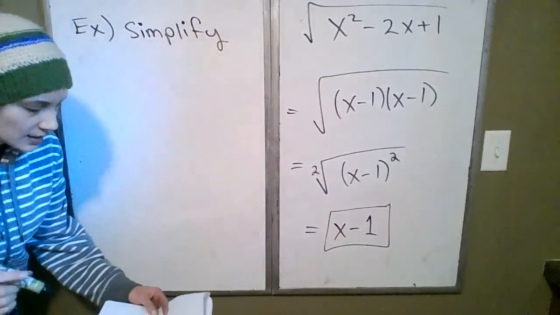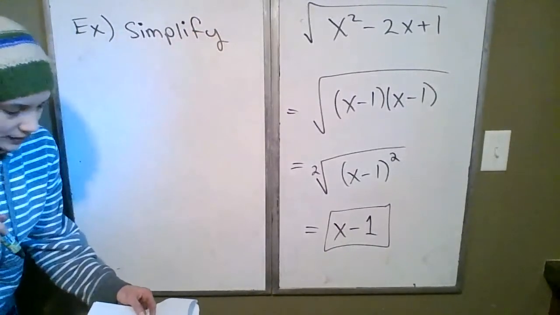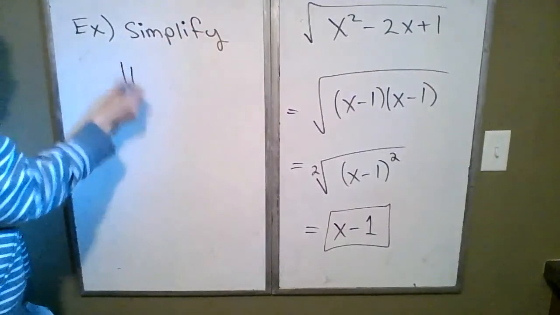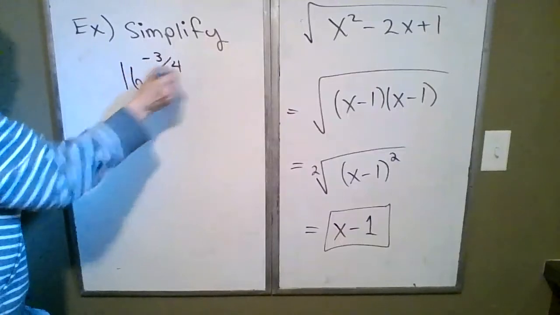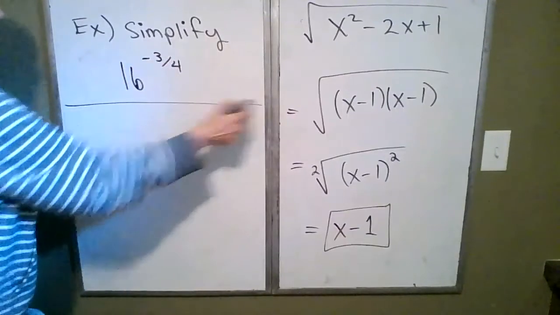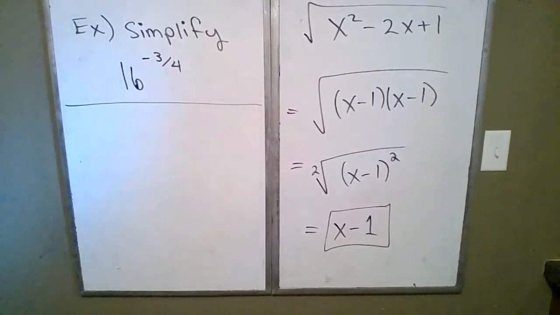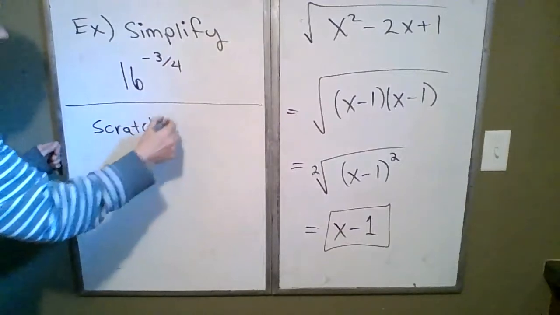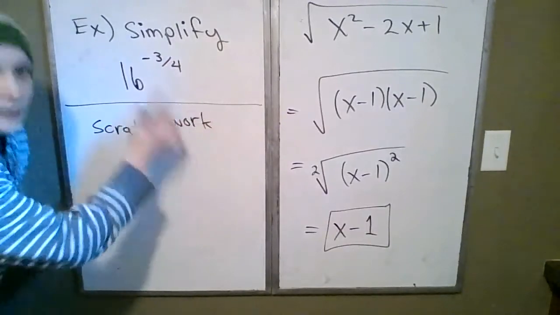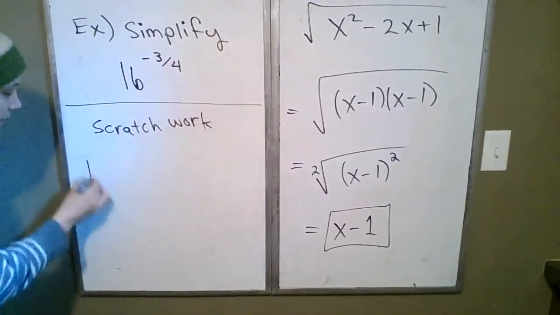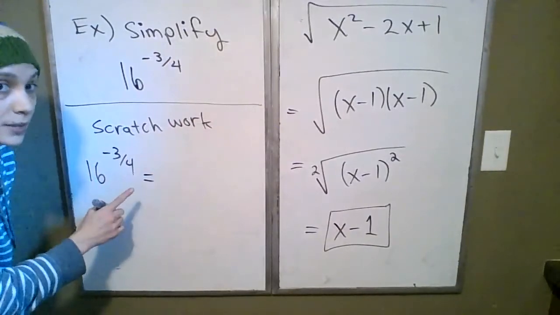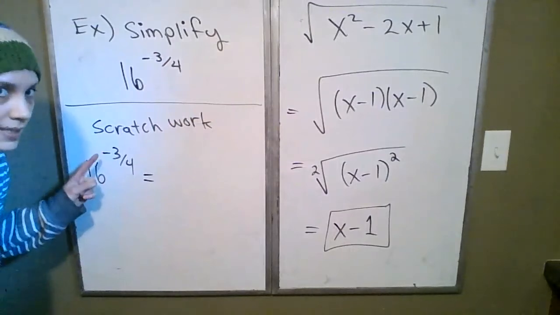Okay, we want to take 16 to the power of -3/4. Just copy this down. The very first thing I would take care of is the negative sign in your power.